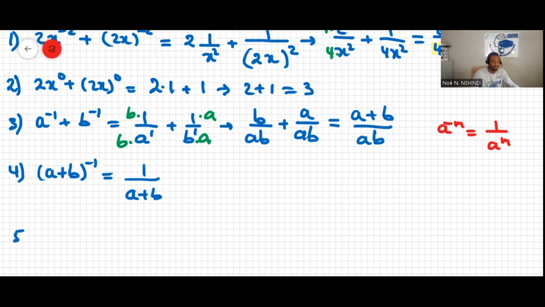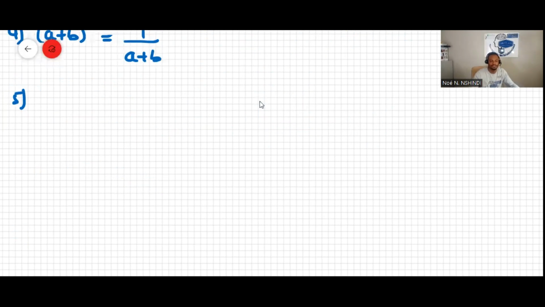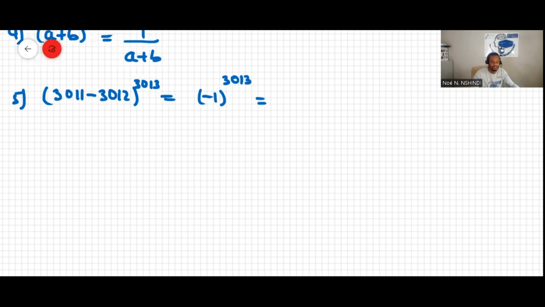And then question 5, what does it say? 3011 minus 3012, all to the power of 3013. Then this will be negative 1 to the 3013, and the sign of the base is negative and the exponent is odd.